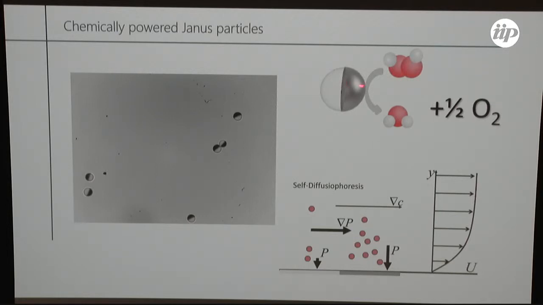Since we have this asymmetric structure, we have much more product on the platinum side of the particle compared to the inert side, which creates a gradient of solute, and this interacts differently with the surfaces.